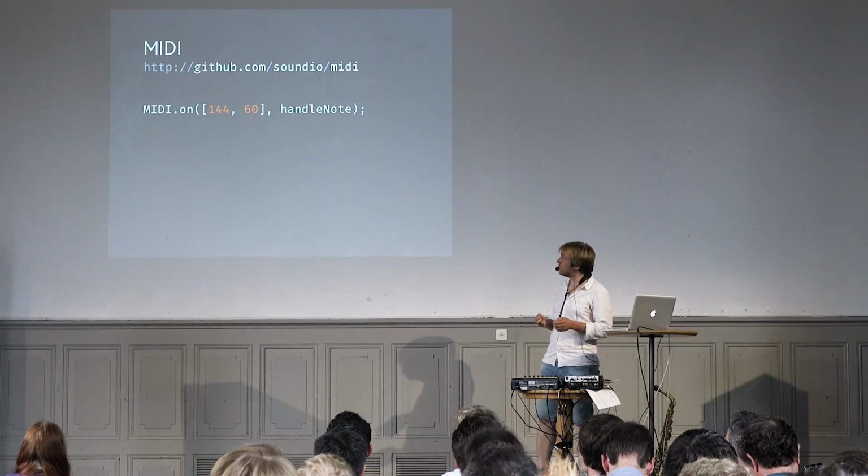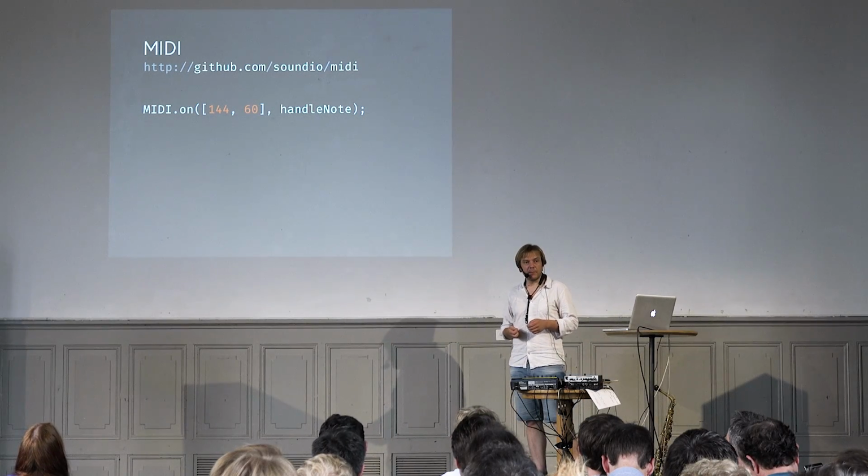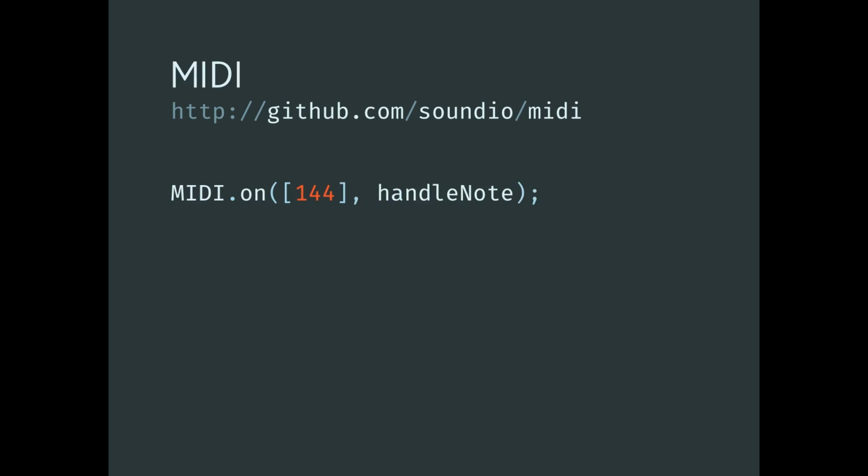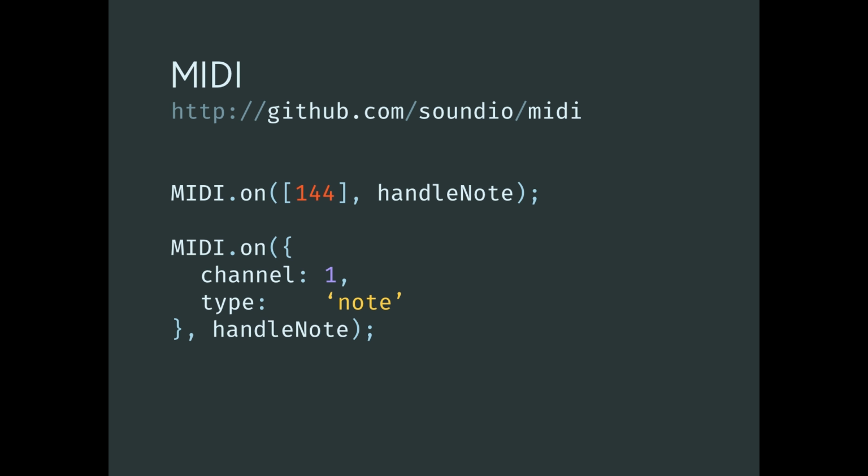So this will give you every single middle C on MIDI channel 1, and this will give you every single note on MIDI channel 1. You can also pass in an object to define the filter with a more human-readable object, which is more useful.